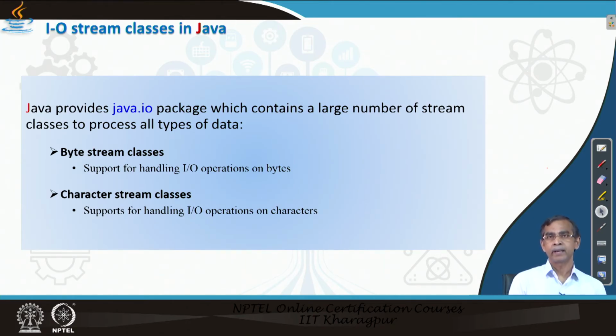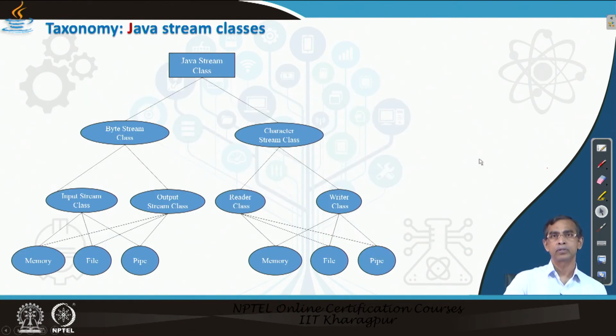So, these are the different streams, and accordingly there are different classes. Now, to handle so many things, Java proposed a very good class hierarchy. Here, all classes related to Java IO, the Java stream classes, can be broadly categorized into two different categories.